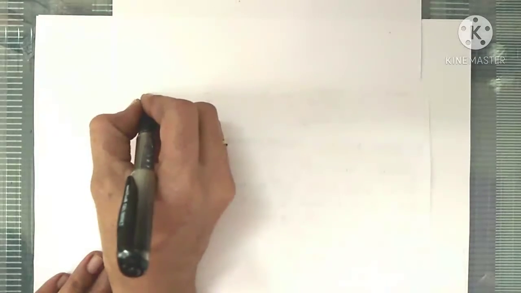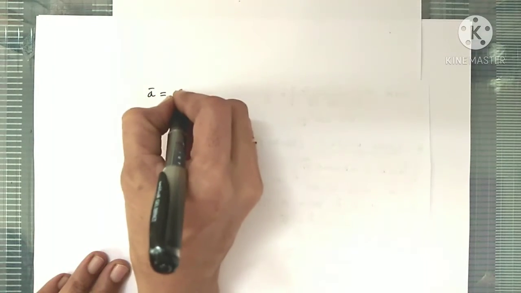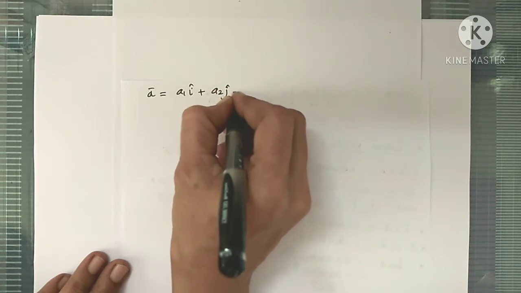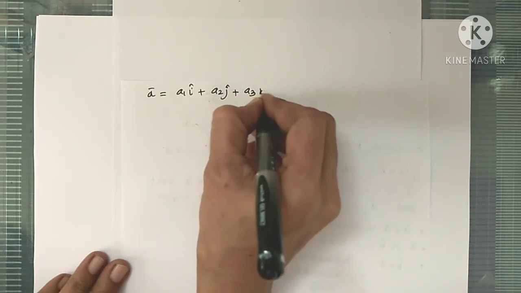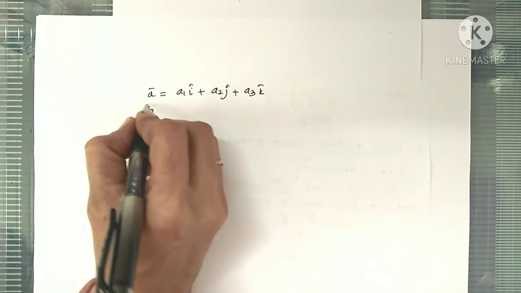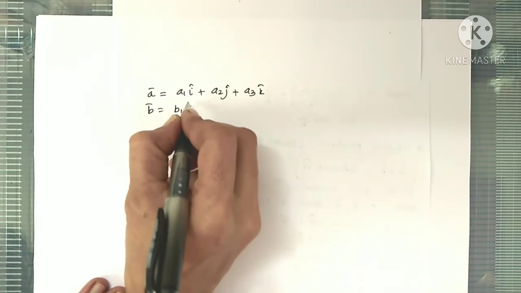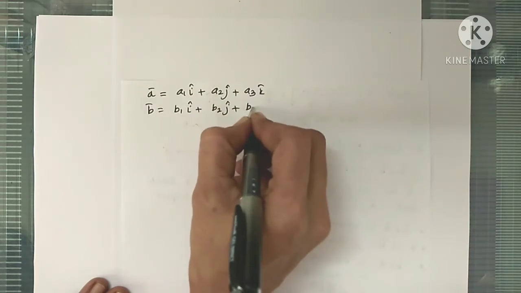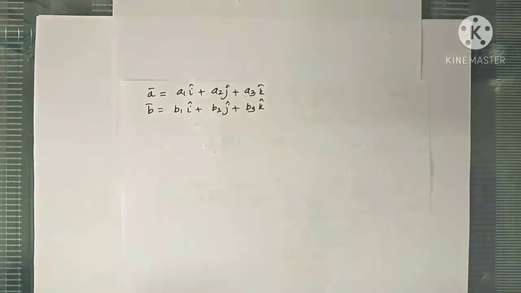For that, let's consider A bar as A1 i cap plus A2 j cap plus A3 k cap, and let B bar be B1 i cap plus B2 j cap plus B3 k cap.